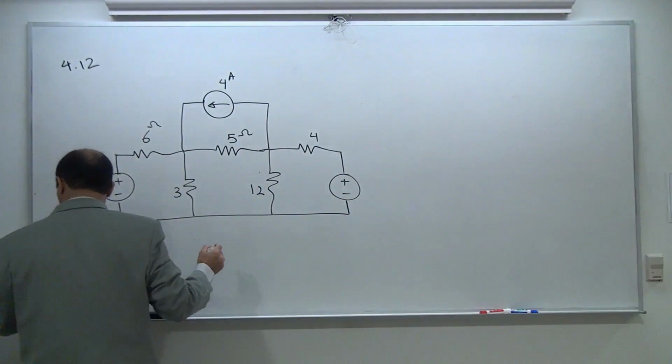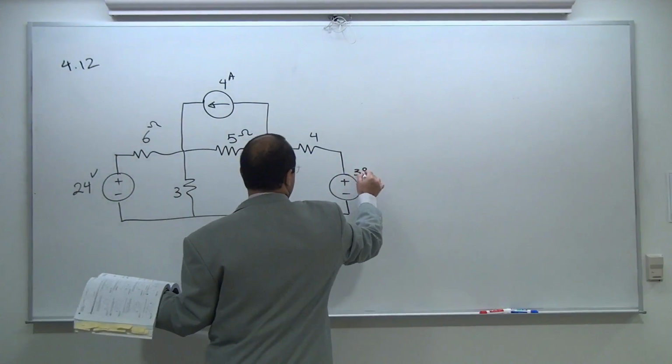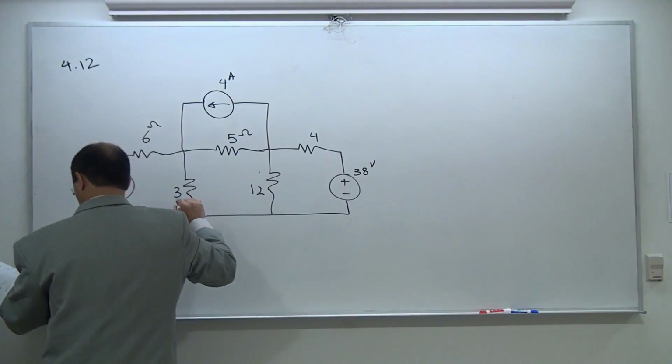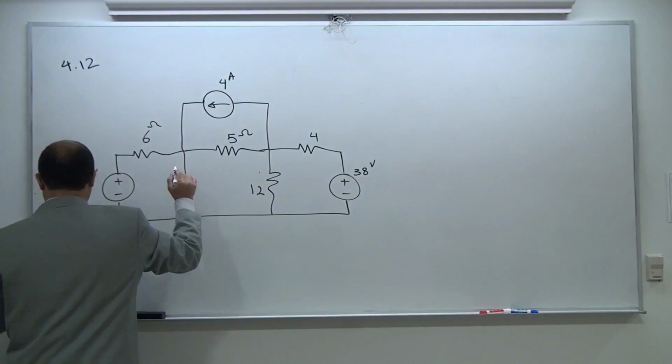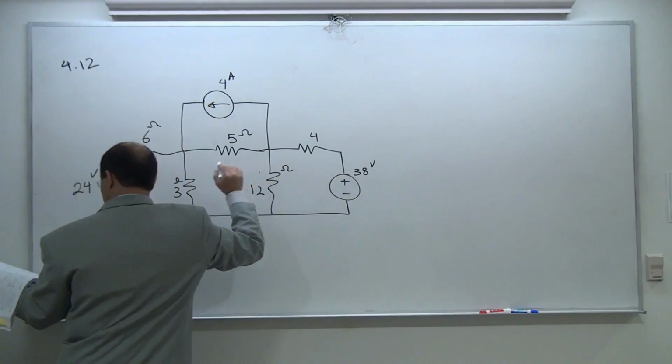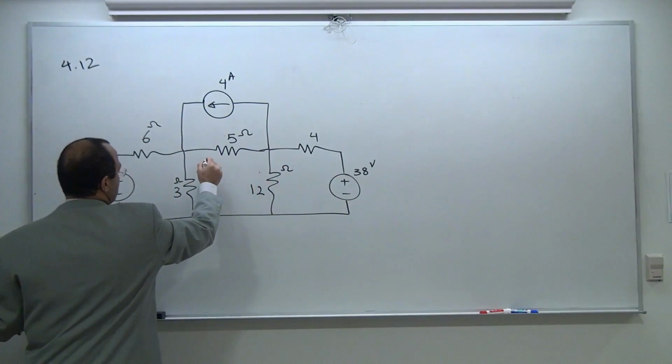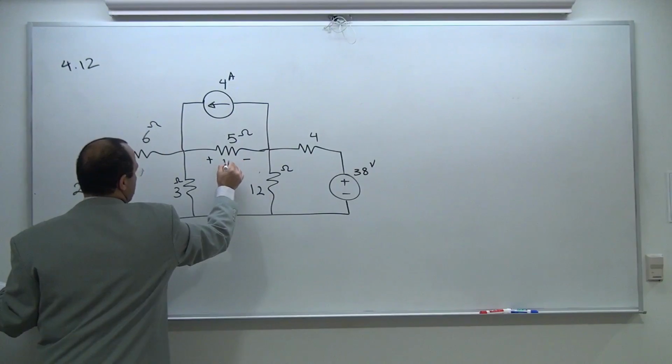I just picked this randomly, so I'm hoping that everything turns out interesting. 3 ohm, 12 ohm, and the voltage of interest, or the current of interest, doesn't matter. In this case, the voltage of interest is this one.